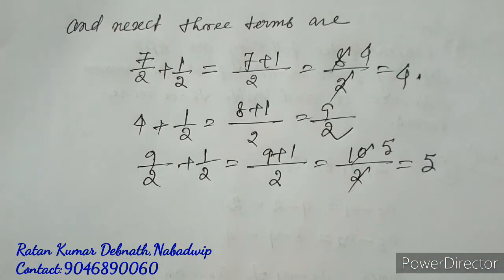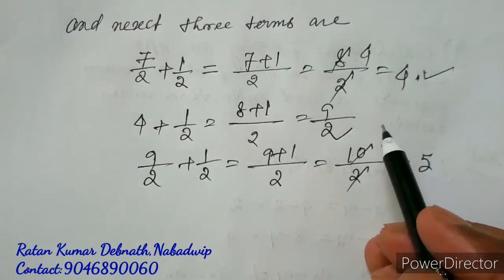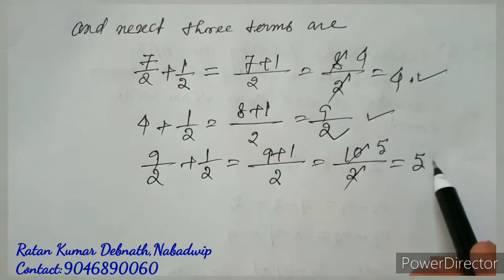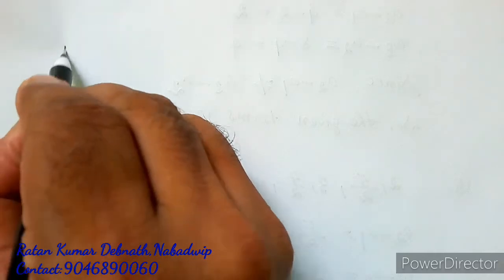So the next three terms are 4, 9/2 and 5.